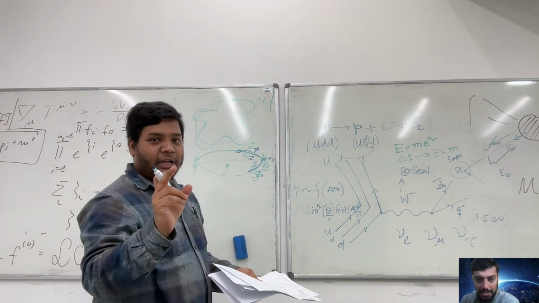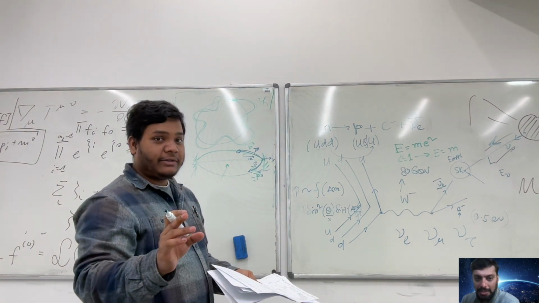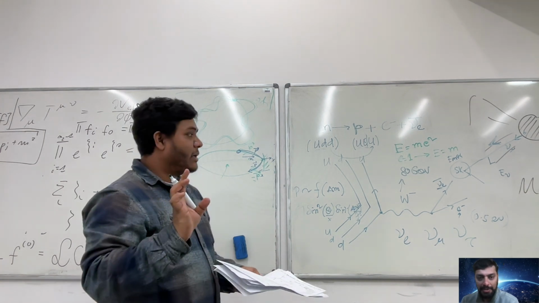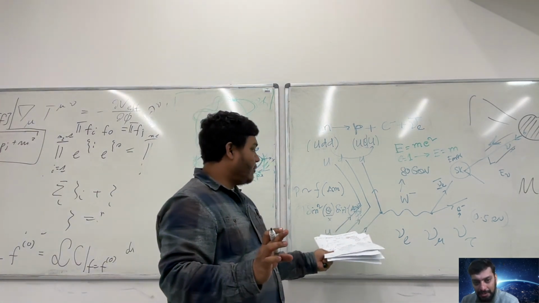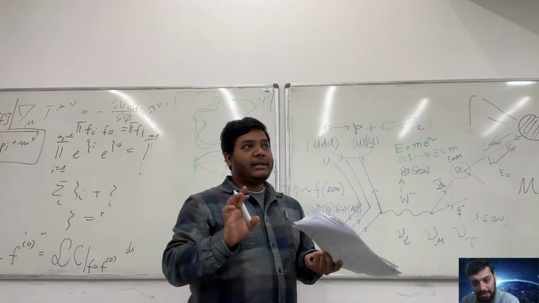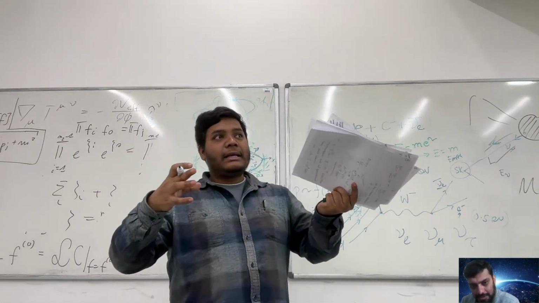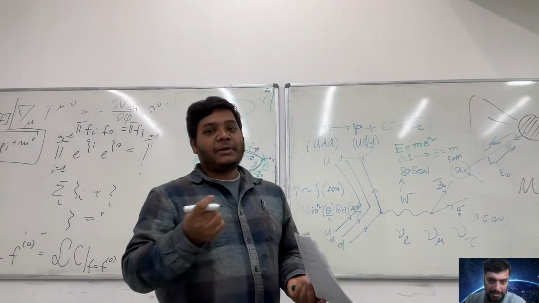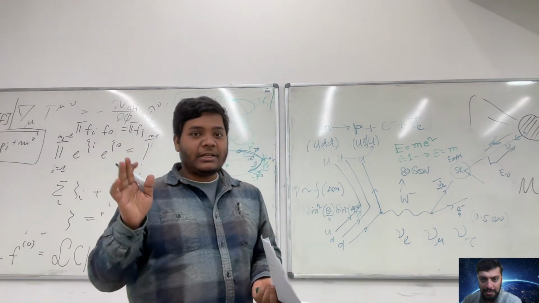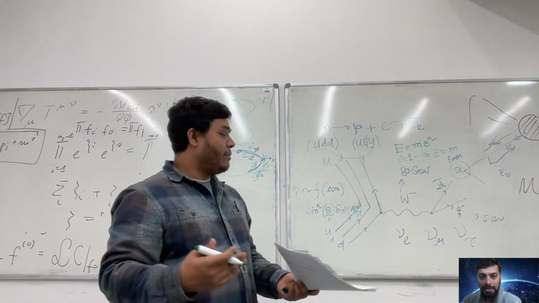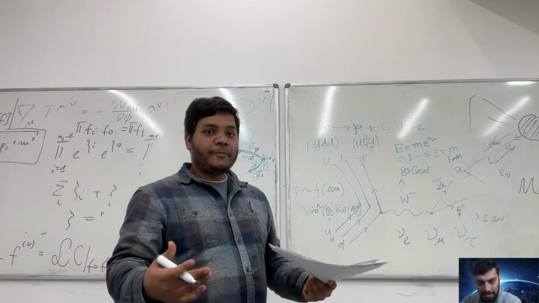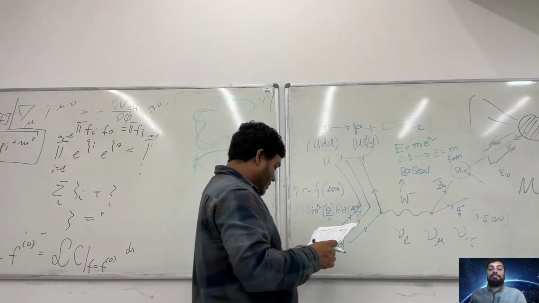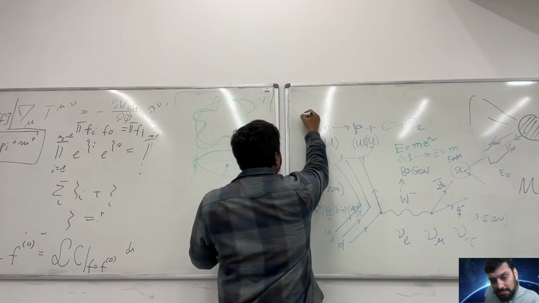That's what I am trying to explain. It takes some time, and we try to understand how much time it needs. A neutron needs of the order of 15 minutes to change into a proton.